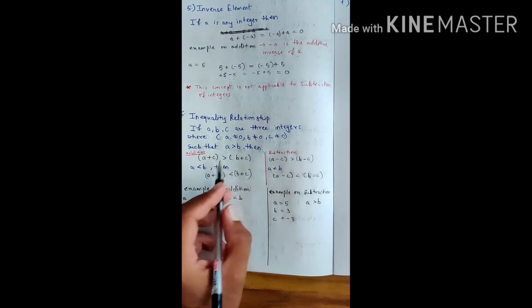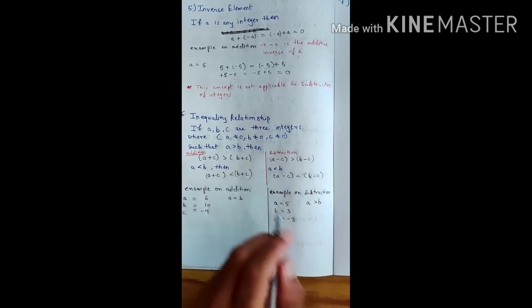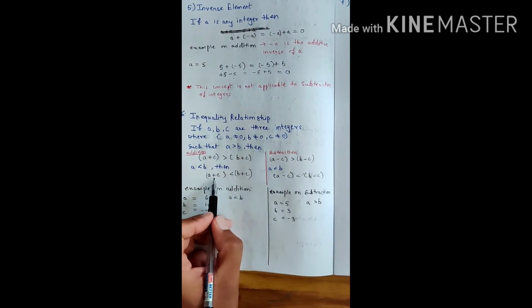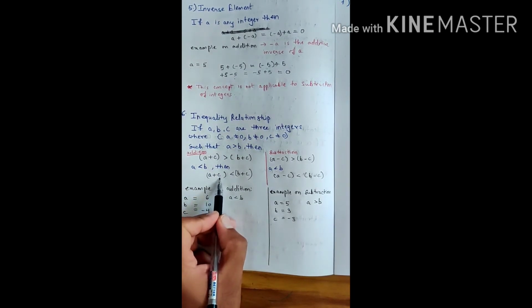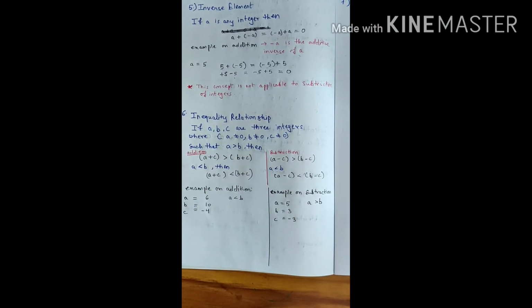If a is greater than b, then we apply a plus c is greater than b plus c. And if a is less than b, then the condition applied is a plus c is less than b plus c.